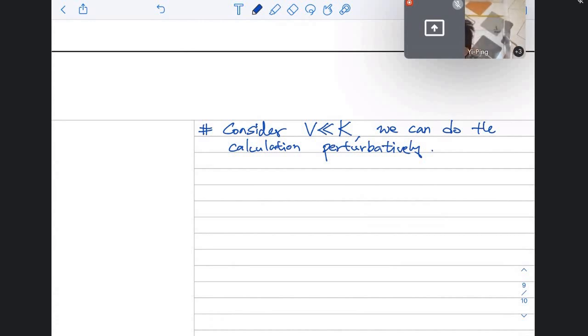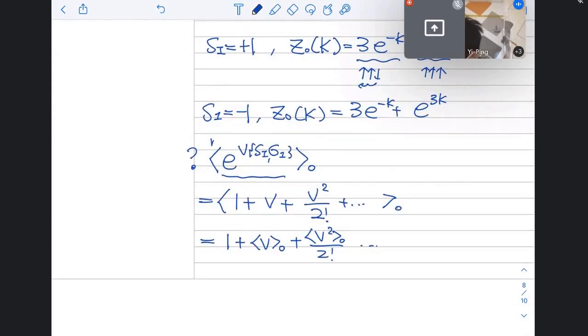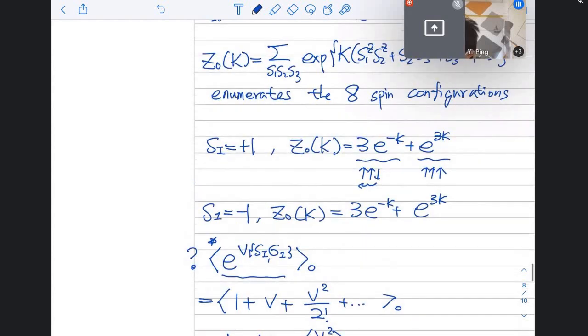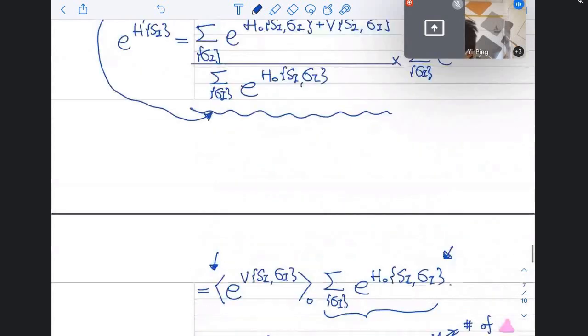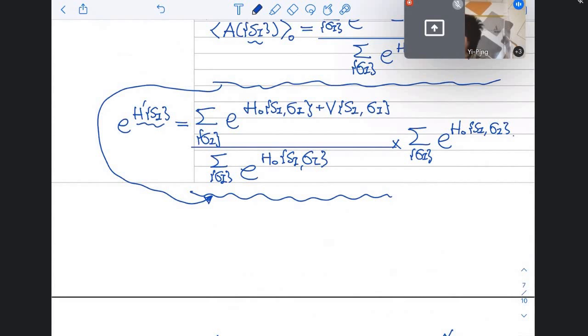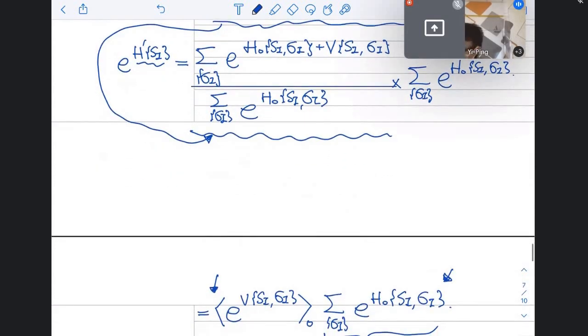So one thing I should write out to remind everybody is that log(1 + x), when x is small, looks like this. This is just a Taylor expansion. What we are trying to calculate is this object, and the reason is that we are looking for h prime. In order to get h prime, we take a log of this.